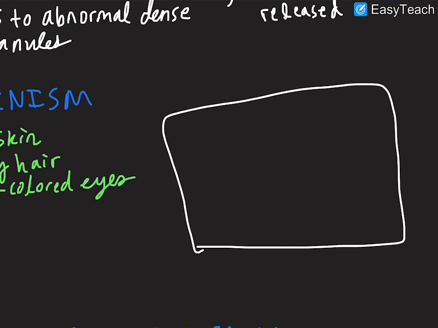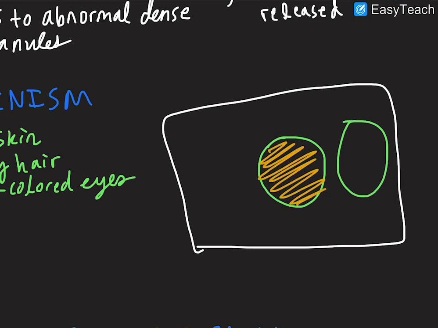And we said this melanin gets packaged inside of melanosomes. So if we draw our melanosomes like this, inside them we make melanin, which will represent an orange.